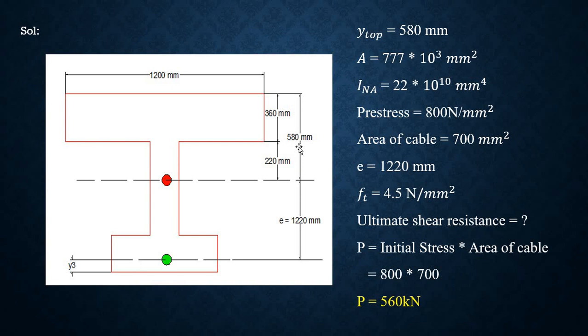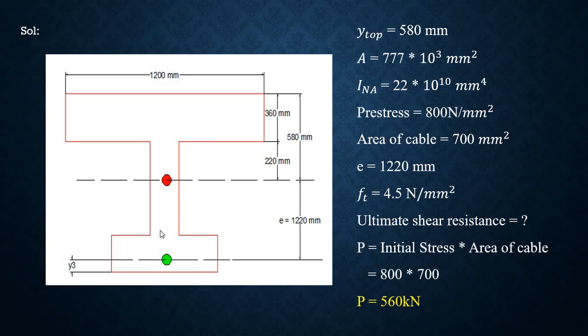Next is about the centroidal distance. In the question itself, they have given from the top it is 580 mm. So from here up to this neutral axis, it is 580 mm. They have given the area of the cable and all. So eccentricity at the center is 1220 mm. Here we have a cable.